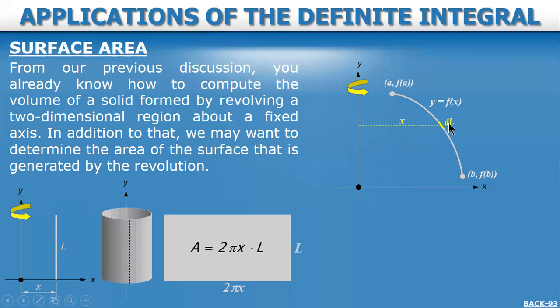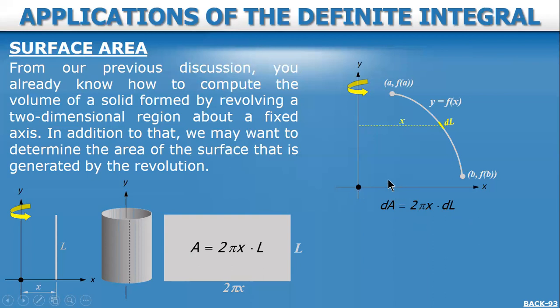When we revolve it, what we get is only a differential area, not the total surface area. So dA, with dL as the differential length. It is 2 pi x, because the circumference is 2 pi r and our radius is x. So we have 2 pi x dL.